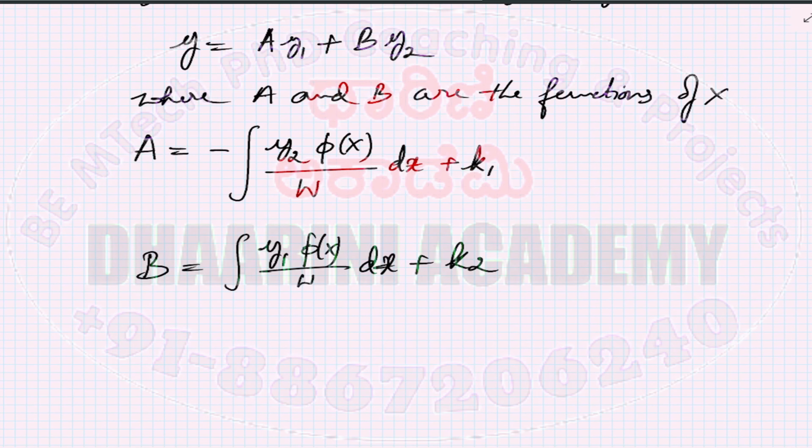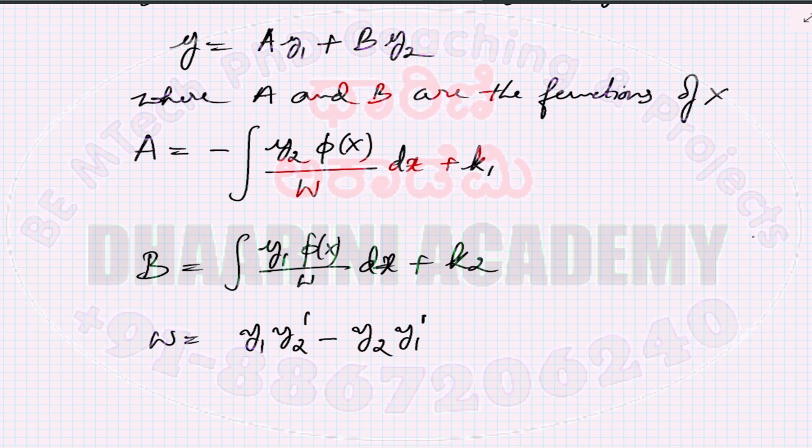We have a term W there, so let's try to find W. W is equal to y1 into y2 dash minus y2 into y1 dash. y1 and y2 we already have from the yc.